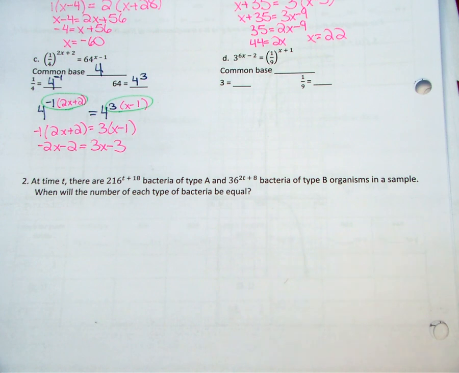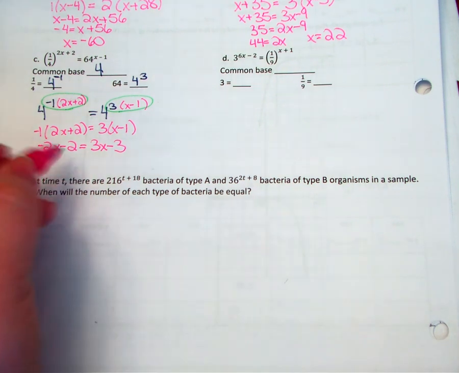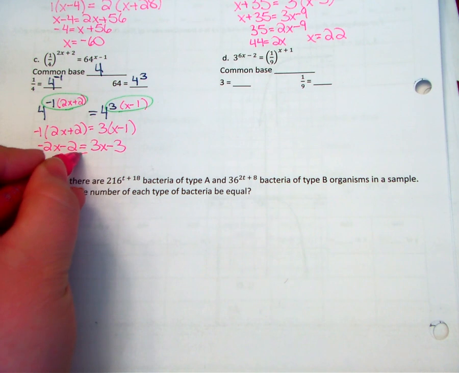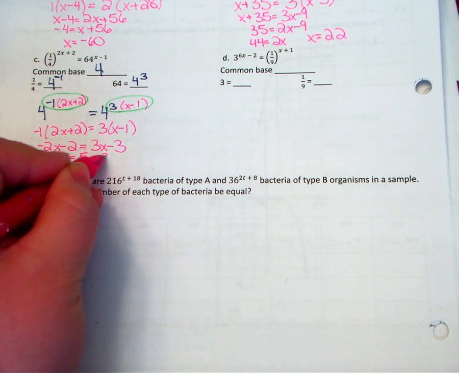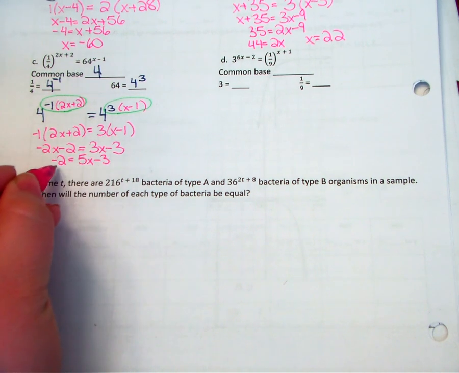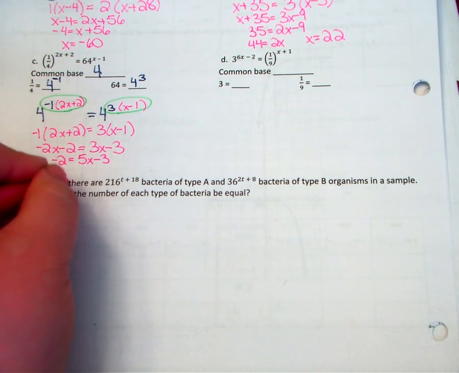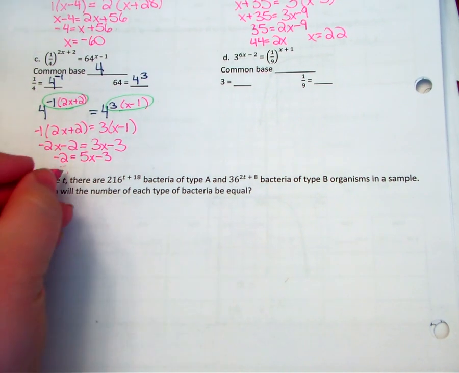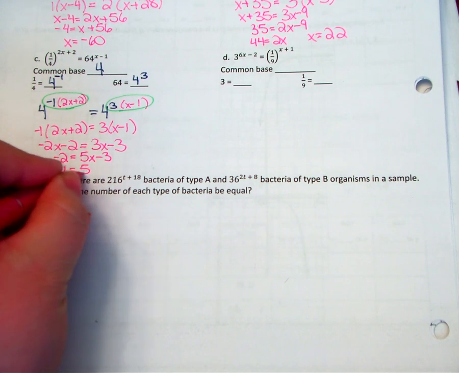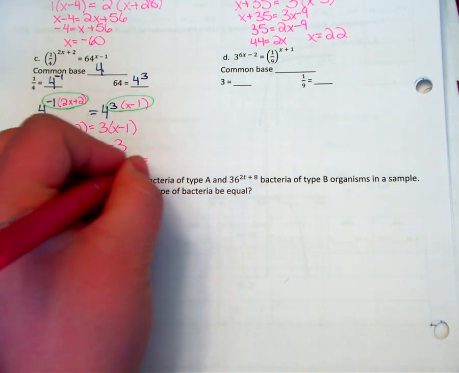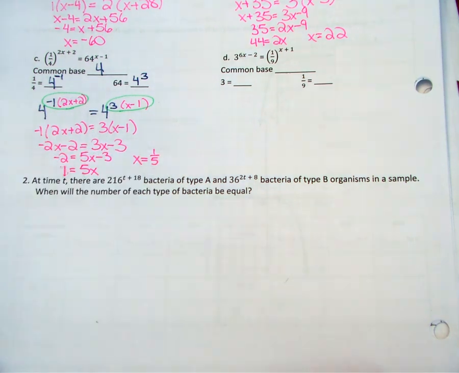Now I can add 2x to both sides. Add 2x to both sides gives me 5x. And then add the 3 to the other side. Gives me 1. Divide by 5 on both sides so that x is equal to 1/5.